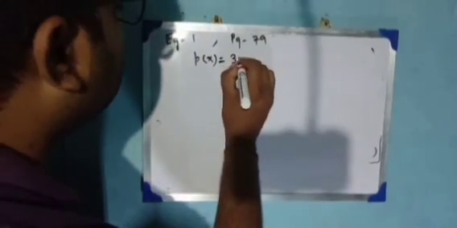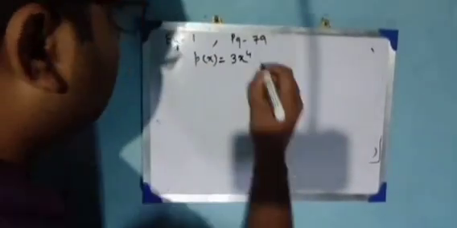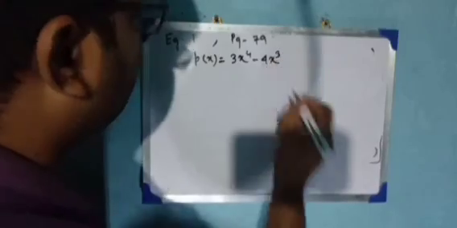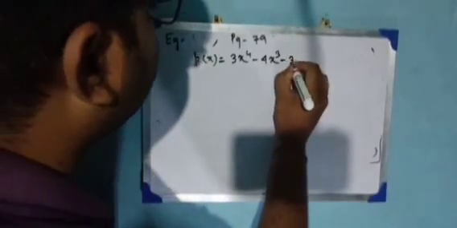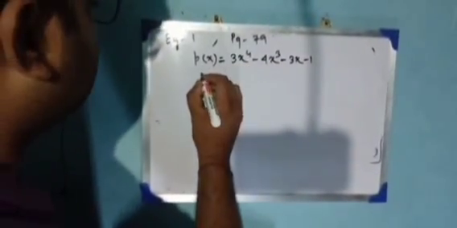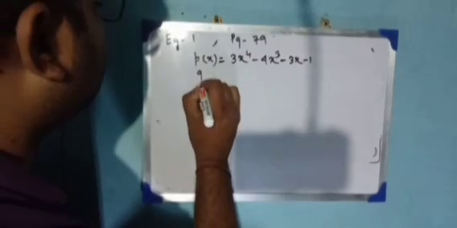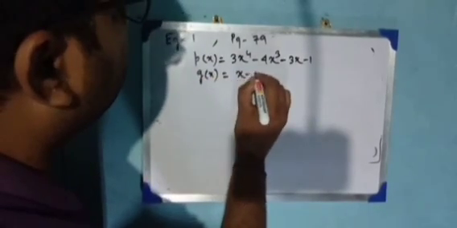Here the polynomial is given as P(x) equals 3x to the power 4 minus 4x cube minus 3x minus 1. This is my dividend polynomial, and my divisor polynomial is g(x) equals x minus 2.